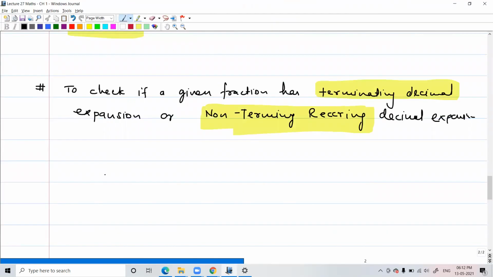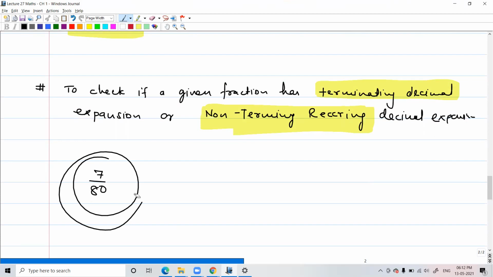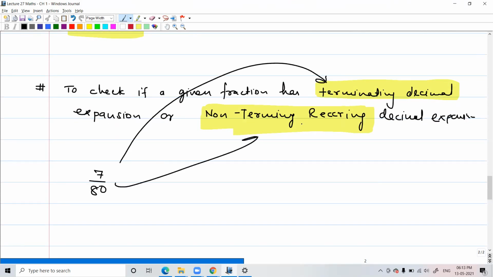Yes, let's take 7 by 80. This should be an easy example to start with. So let's say this is a fraction given to you. Like I said, it is in the form of p by q. It is a rational number. So of course, it cannot have a non-recurring decimal expansion. It is either terminating or non-terminating recurring decimal expansion.